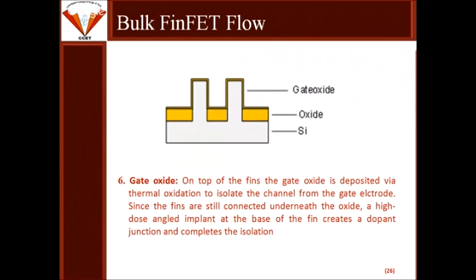After that we have to deposit the gate oxide. The gate oxide material has to be a very pure material. So on top of the fins, the gate oxide is deposited via thermal oxidation to isolate the channel from the gate electrode. Since the fins are still connected underneath the oxide, a high dose angle implant at the base of the fin creates a dopant junction and completes the isolation.